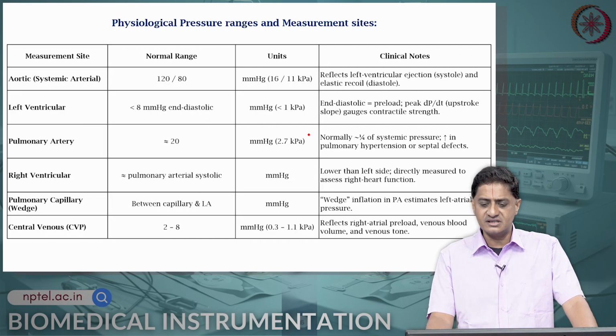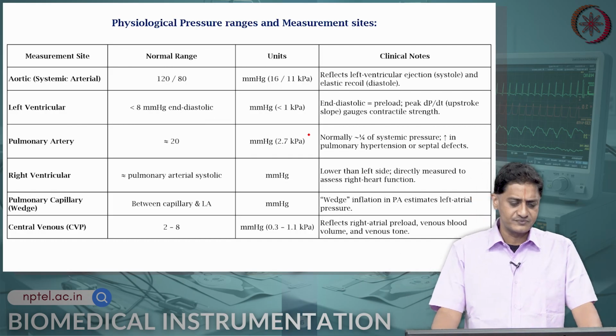This essentially reflects the left ventricular ejection pressure, the pressure in the left ventricle at the time of ejection, which is the systolic pressure, and elastic recoil, which is the expansion, which is the diastolic pressure.